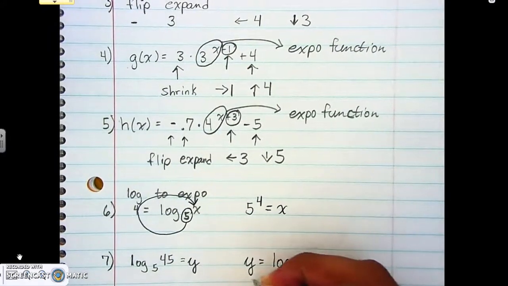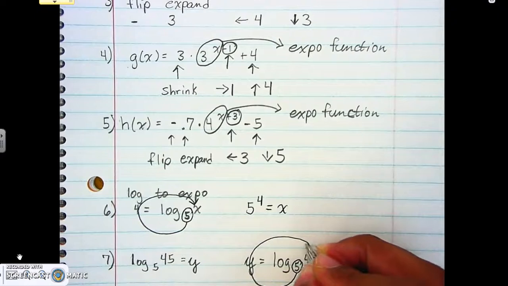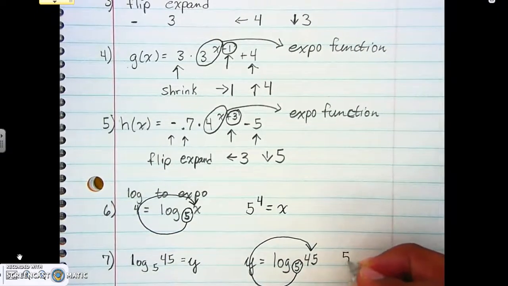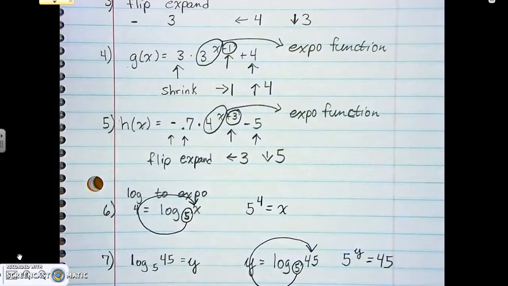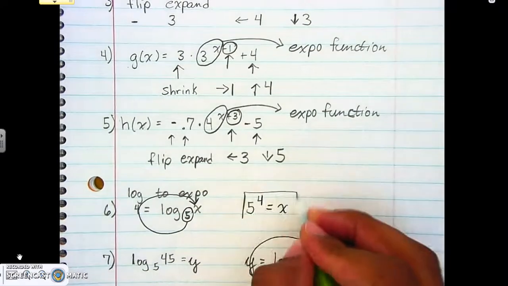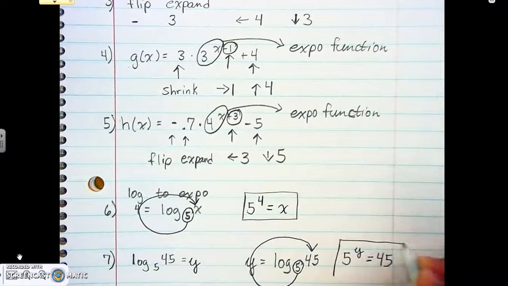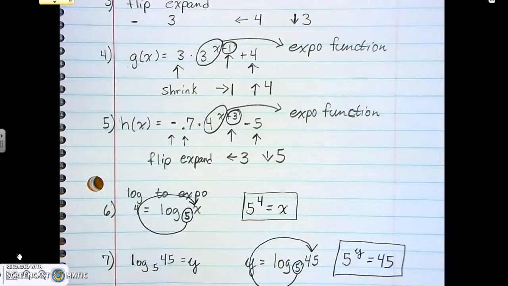Circle the base and we take it back around town. So we get 5 to the y equals 45. Okay, so not bad. We can do that. So those are our answers here, 6 and 7.